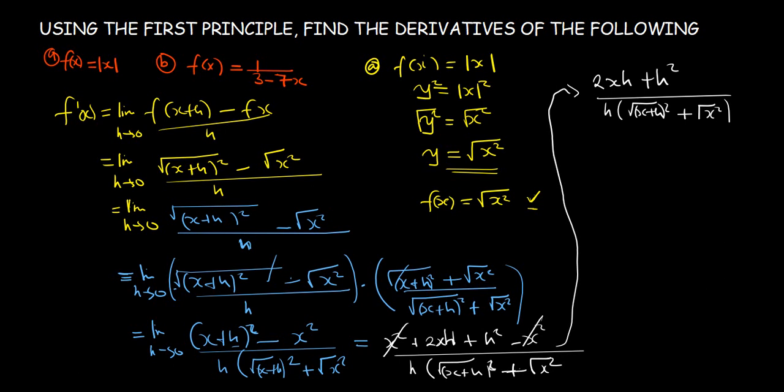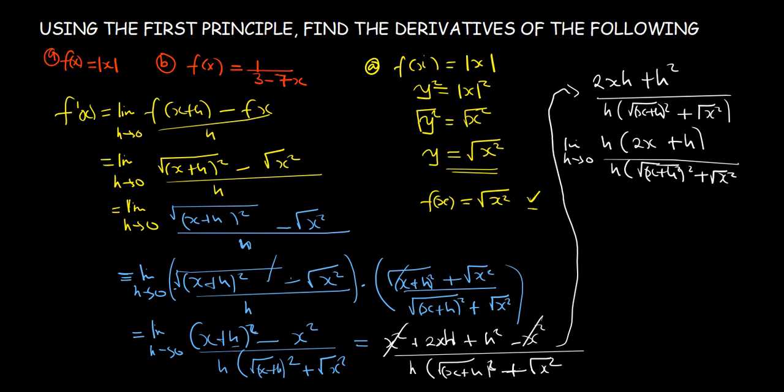In case someone has forgotten, h approaches 0, then I'll factorize. What is common there is h on the numerator. Then I'll say this is 2x plus h, like that. Then from there I have h, then open bracket, root of (x plus h) squared, plus root of x squared, like that.